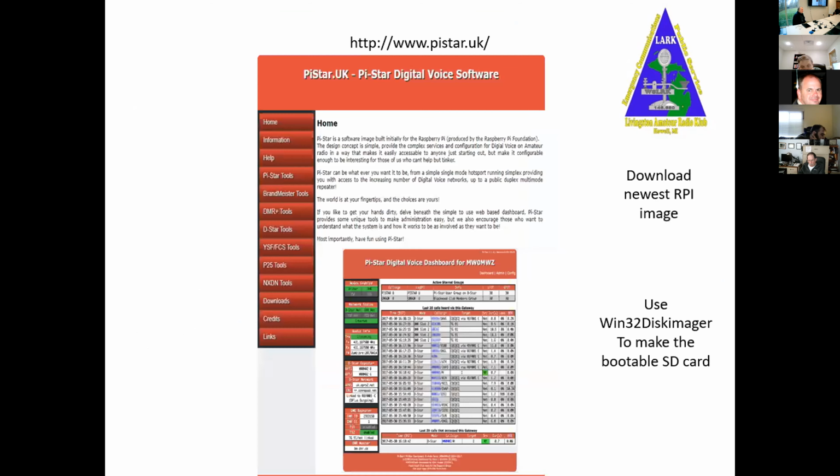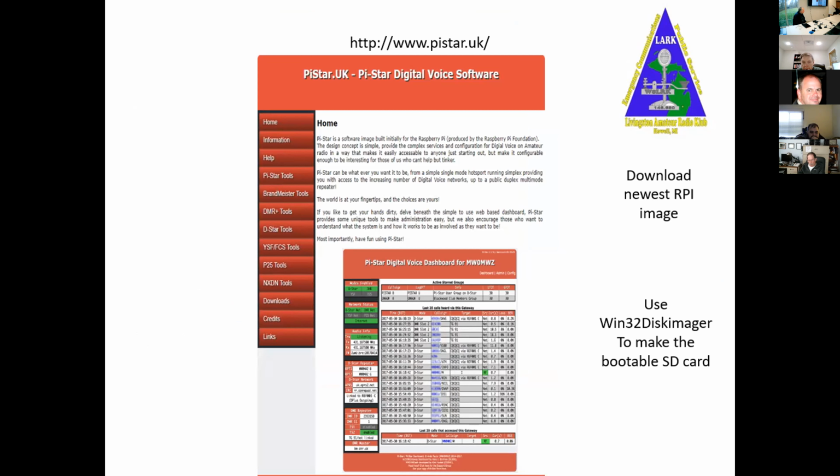Slides got mixed up. And then you download the software, and we're not going to go into software in this meeting, but everything DMR related is written around a piece of software called PiStar. PiStar is the backbone for all the DMR repeaters, the backbone for all the DMR hotspots.